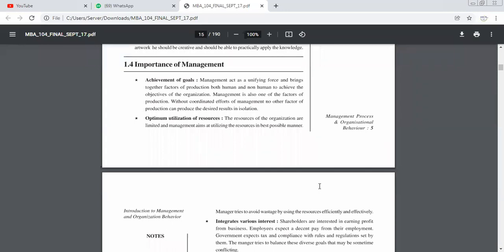Suppose you want to go from Pune to Bangalore. In your mind, what ideas are going to come? हम कैसे जाए? First of all, कैसे जाए? There are lots of transportation facilities available: aeroplane, road transport, right?